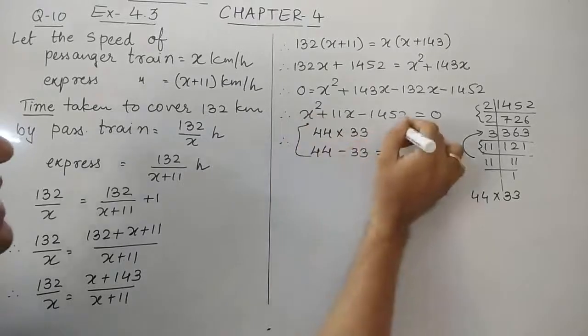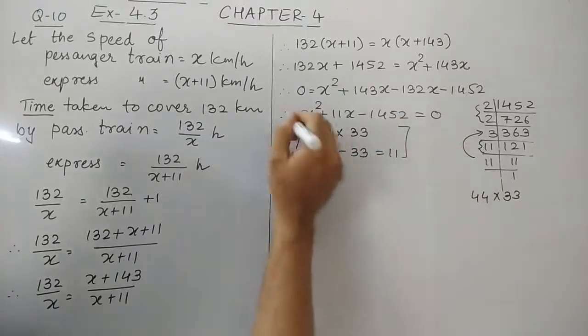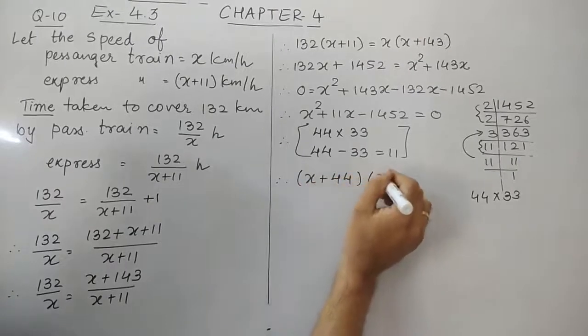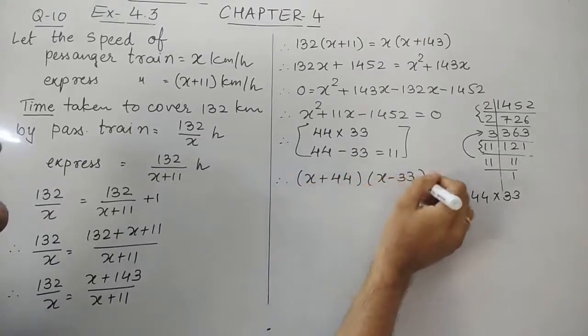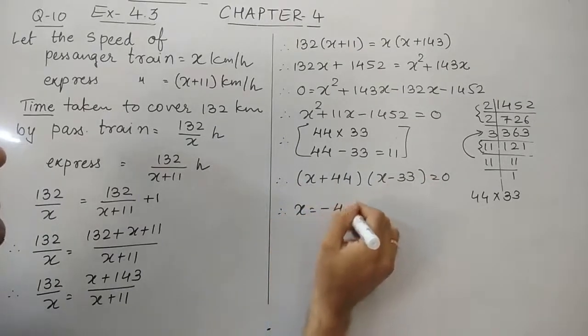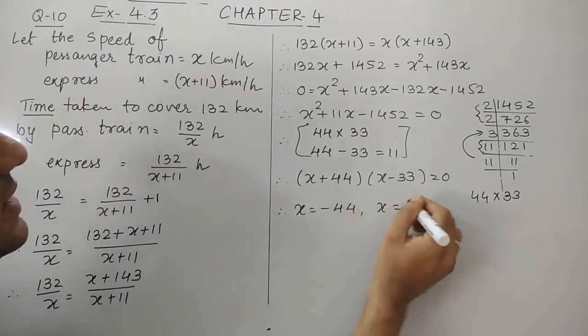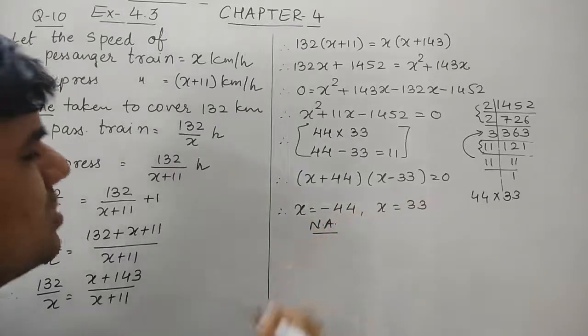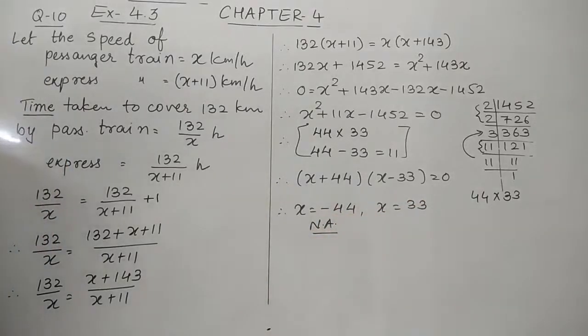So we can write the factors directly as the coefficient of x square is 1. So x plus 44 and x minus 33. So we can say x is minus 44 and x is 33. As we know that the speed can never be negative, this is not applicable. It's not possible.